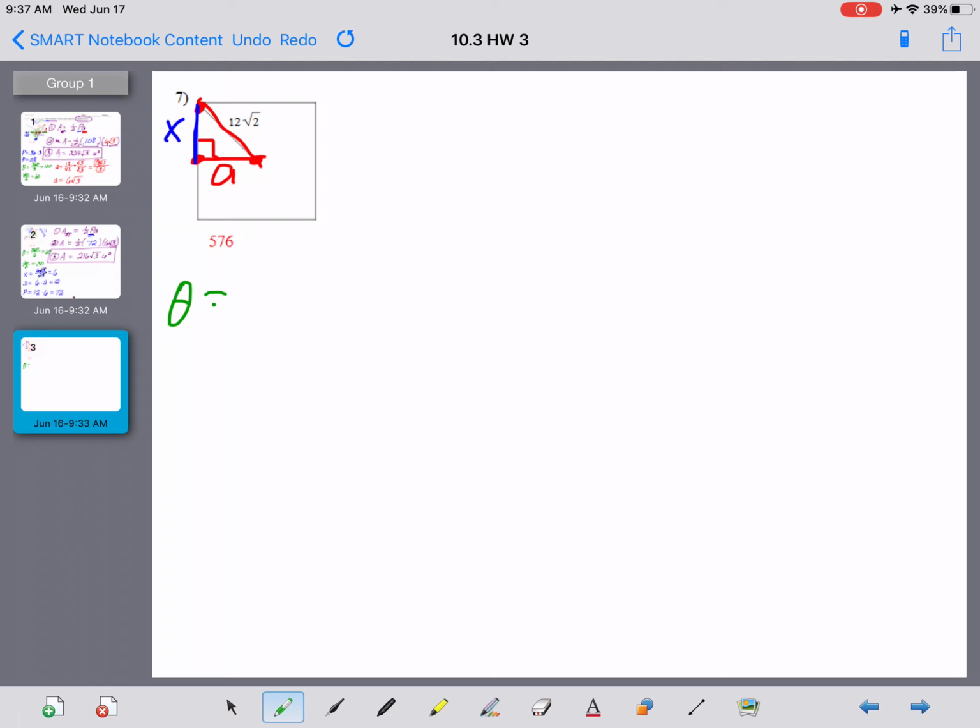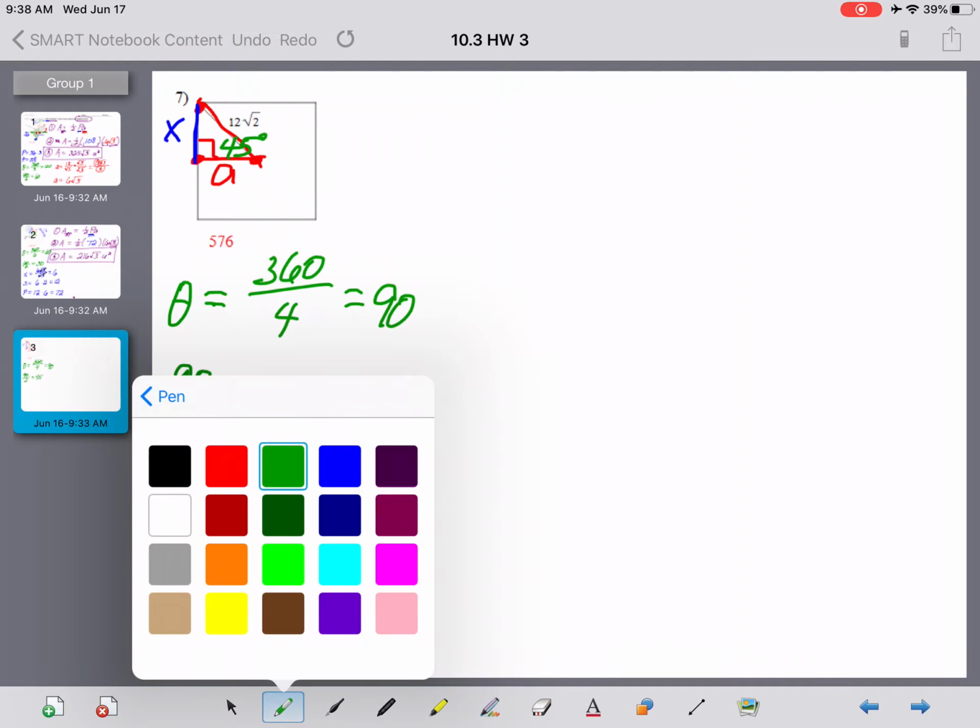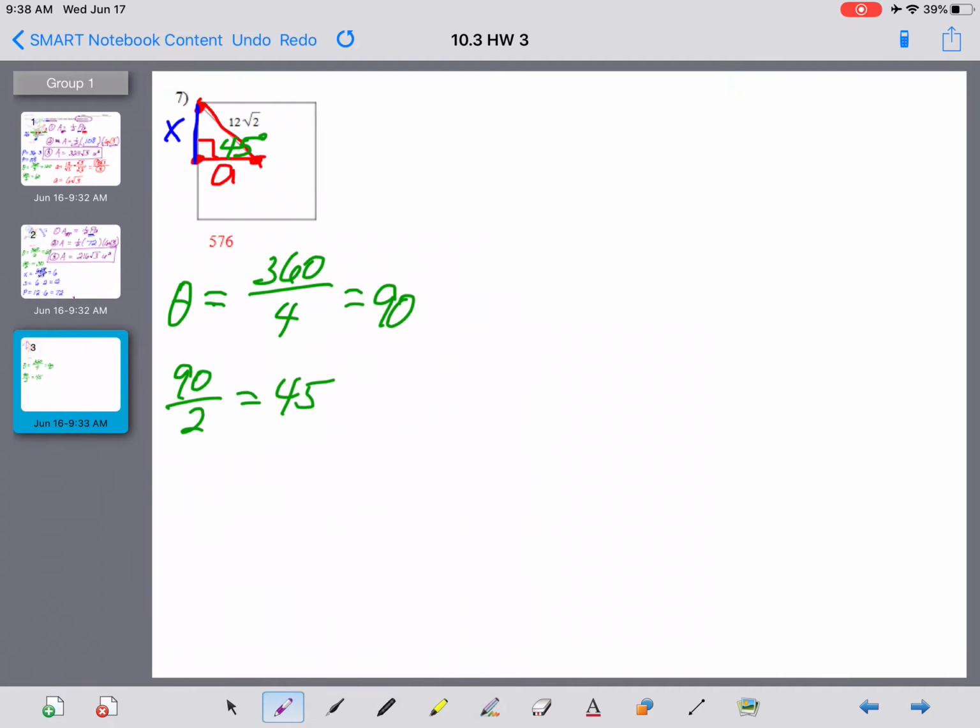Theta is always 360 degrees divided by the total number of sides here, which is 4. So theta is going to end up being 90 degrees. And then we always cut that theta in half. 90 divided by 2 is going to be 45 degrees. So this angle right here is 45. And that means here that we're dealing with a 45, 45, 90 right triangle, and that's going to help us figure out what we need.